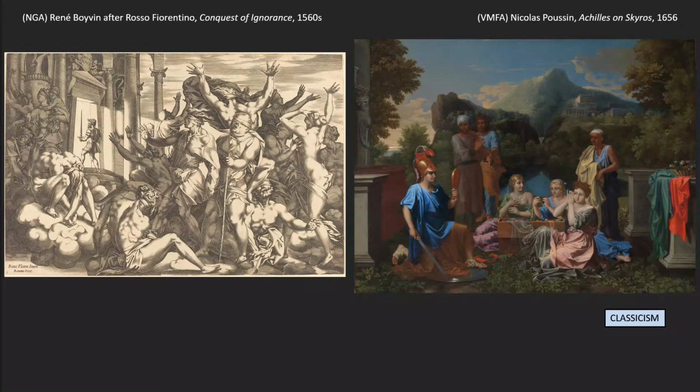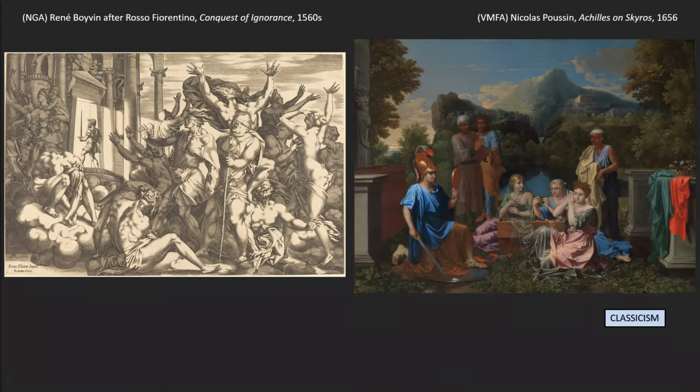Leading to this classicism, well, one thing is that we can look at this classicism as being a reaction. Much clearer, much more simple, much less overblown than Mannerist art had been in France.